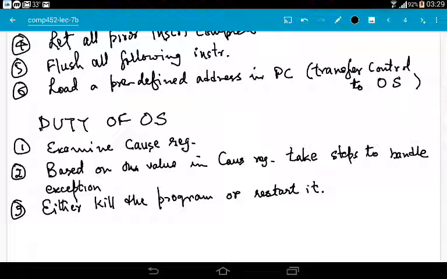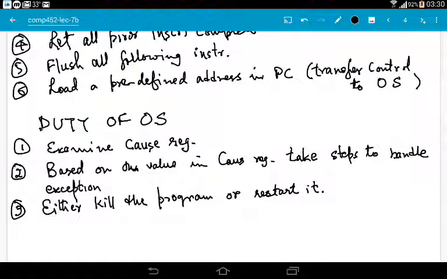Now we will see that when a TLB miss exception is detected, or when a page fault exception is detected, or when a disk IO request arrives and it is detected, then these are the cases in which, after handling the exception, the process is not killed but it is rescheduled. And we will talk about this in chapter 5.